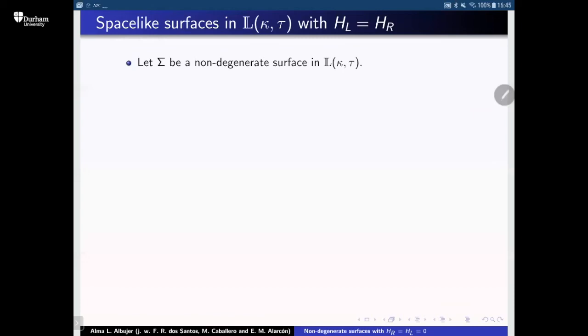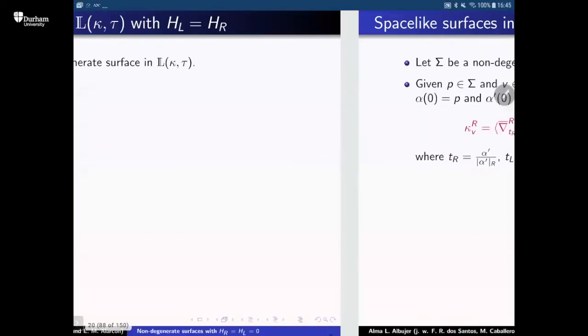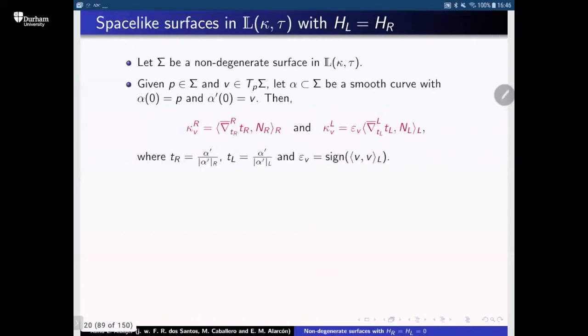Before trying to impose the fact that they are the same, we first need to obtain a relation between the normal curvatures related to both metrics.